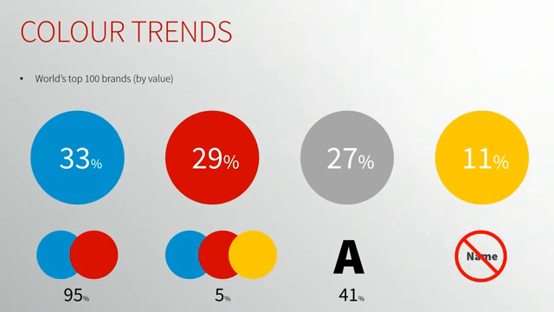And then 9%, a very small percentage, don't feature a company name. We can all think of them, like Apple, but you need to be a pretty strong brand not to even include your company name in your logo. You need to be a very strong brand.